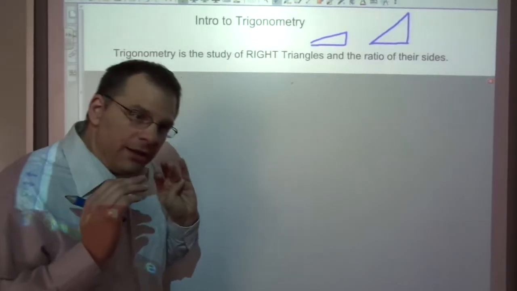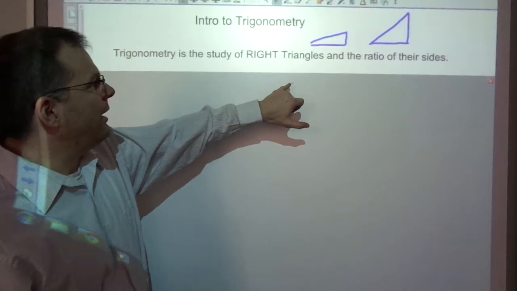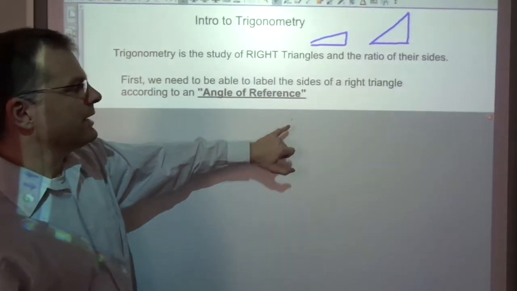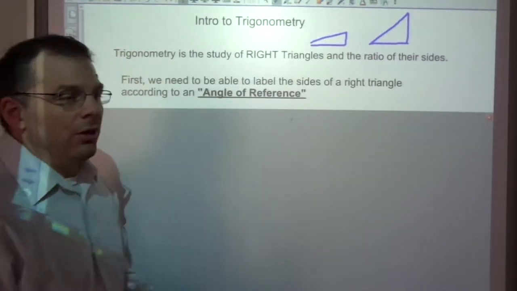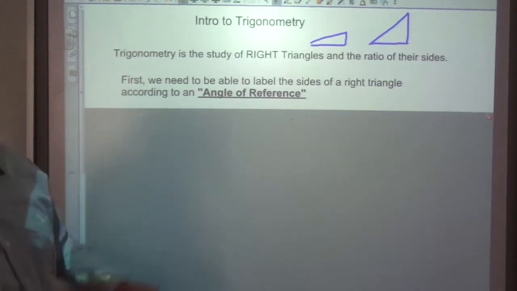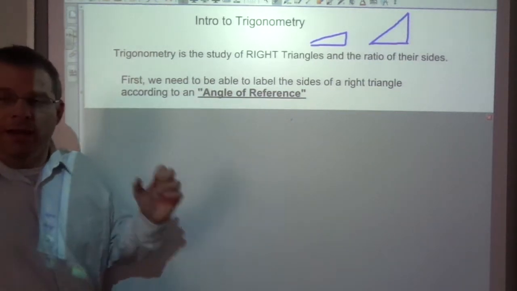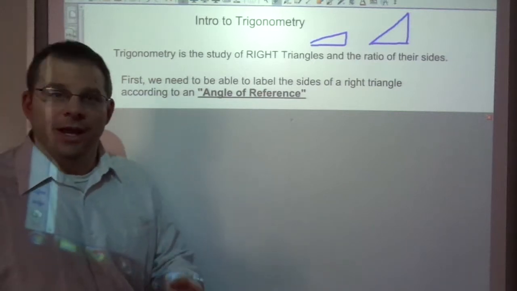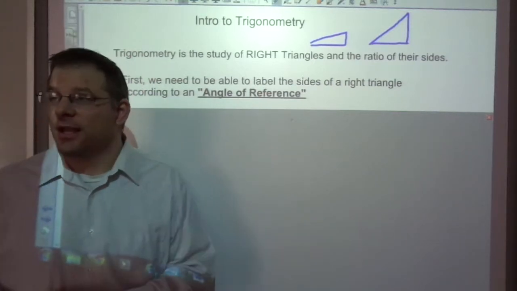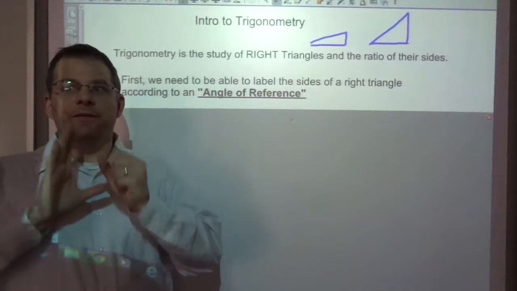As a very intro level concept, the first thing we need to be able to do is name the sides of the triangle, always based on what's called an angle of reference. If you need to pause the video to write this down, that's important. Every triangle that we look at in trigonometry is going to have an angle of reference. That is the angle by which we view the triangle.